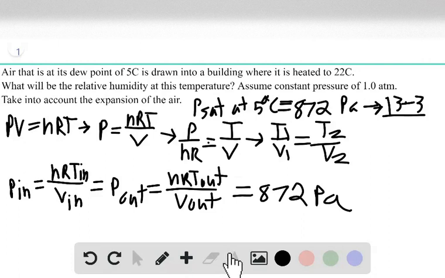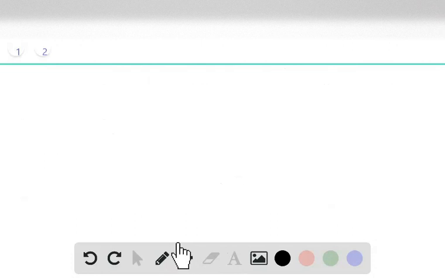So now we can find the saturation vapor pressure at 22 degrees Celsius using linear interpolation. So we can say that P25 degrees minus P20 degrees.